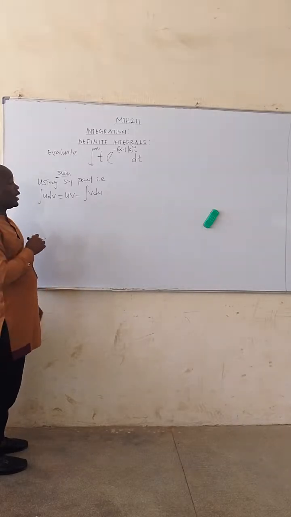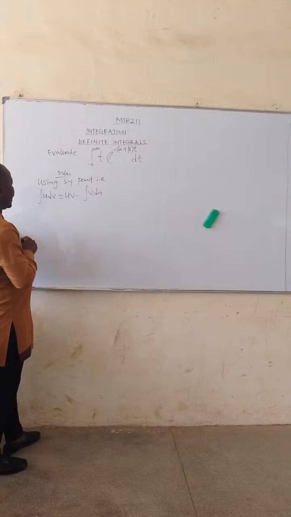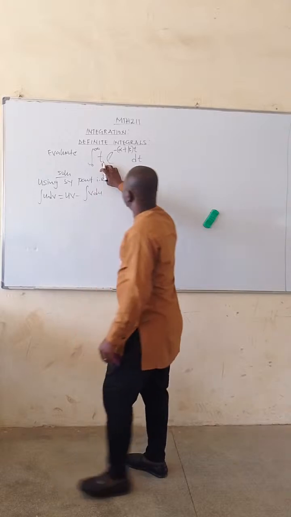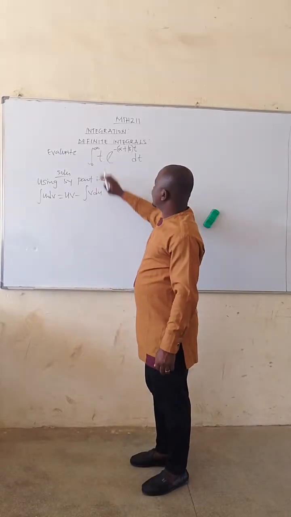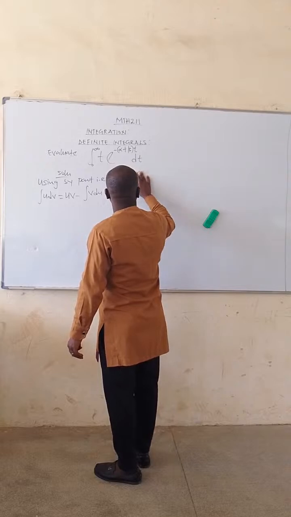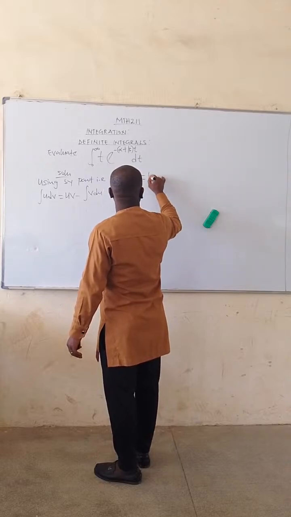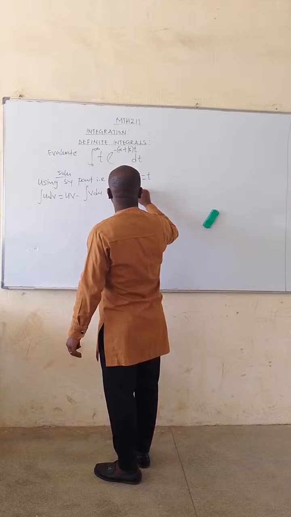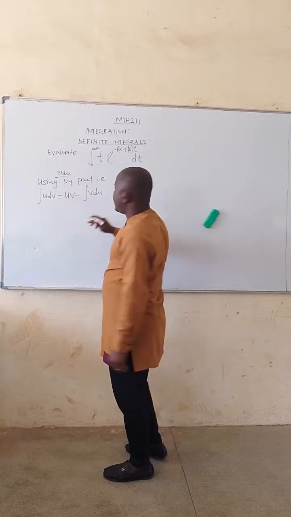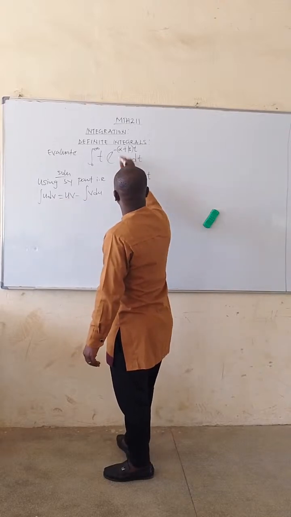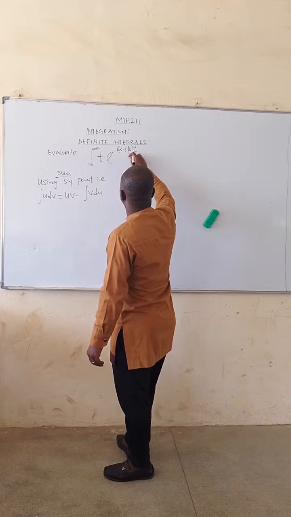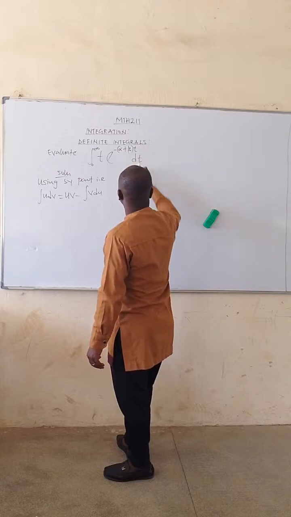From here, we now say let u be equal to t, and dv be equal to exponential minus open bracket alpha plus beta times t, dt.